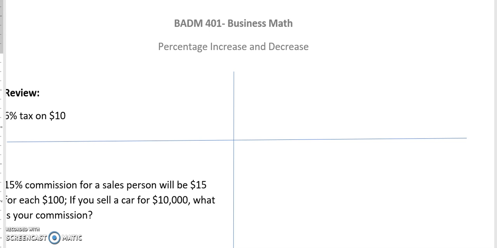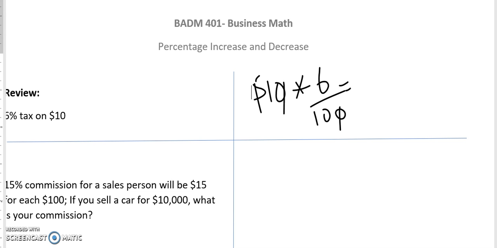That will be $10 times 6 by 100, which is equal to 6 by 10, which is $0.6, or 60 cents. So if I take the $10 and multiply it by 6 by 100, I get 0.6.